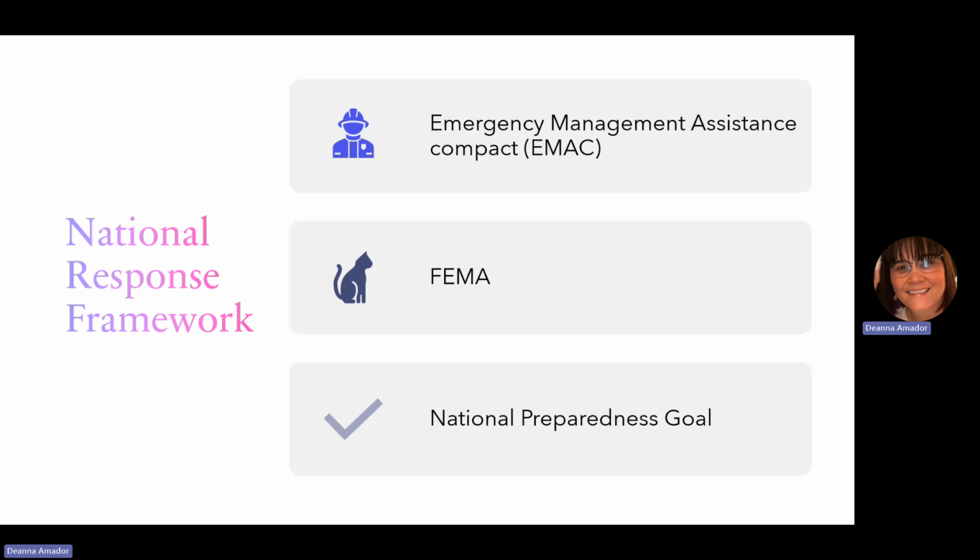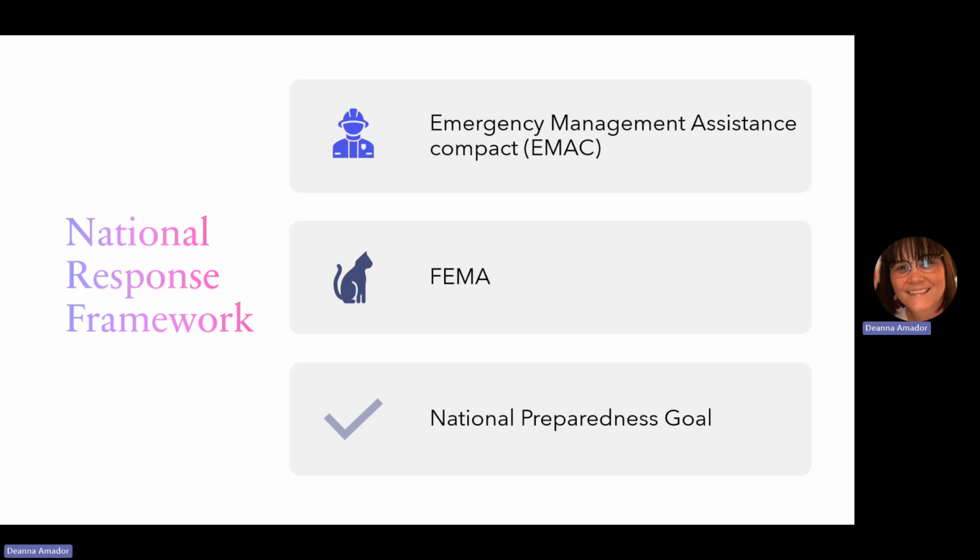Okay, this just talks about, again, how there's a National Response Framework. You have the Emergency Management Assistance Compact, or EMAC, FEMA, and then the National Preparedness Goal. EMAC is the cooperation between the states. If the federal government gets involved, then that's FEMA, that's federal assistance.